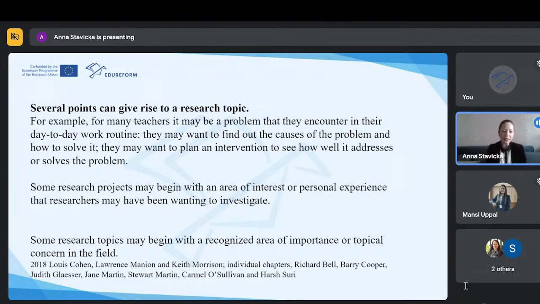For instance, in Latvia nowadays we are involved in a project focusing on the competency-based approach, School 2030. So many studies are being conducted in this field. You have to recognize the topics important for your local context.